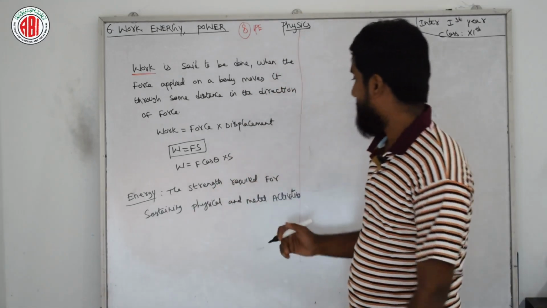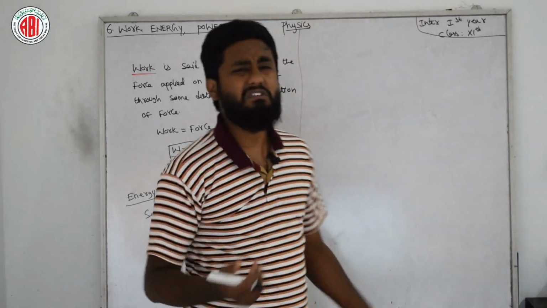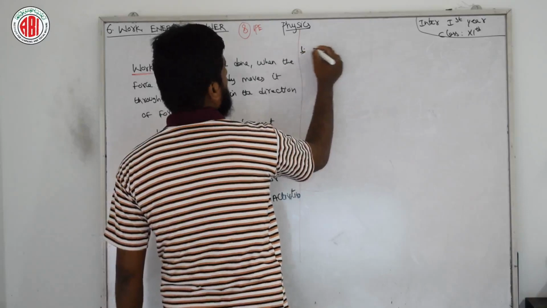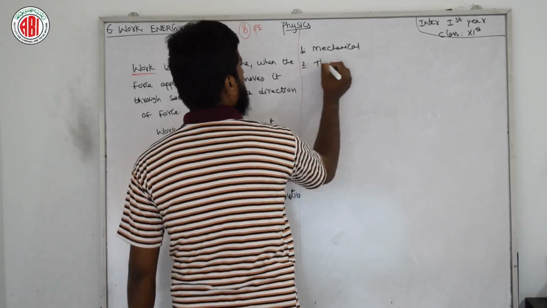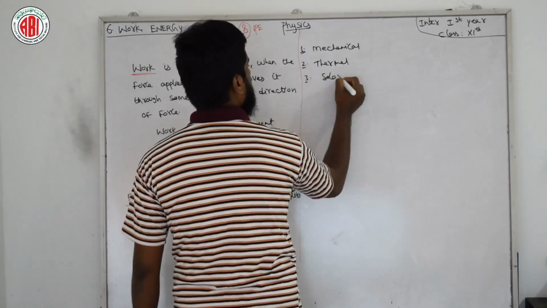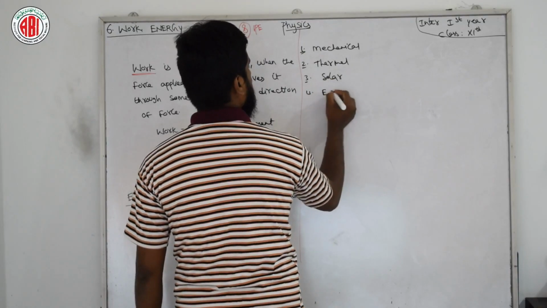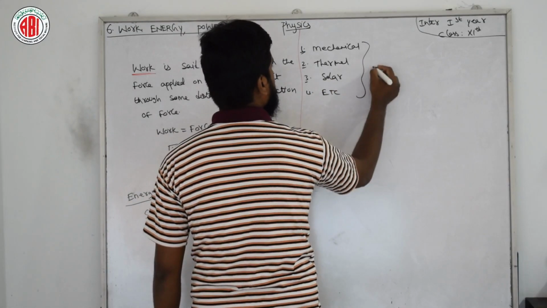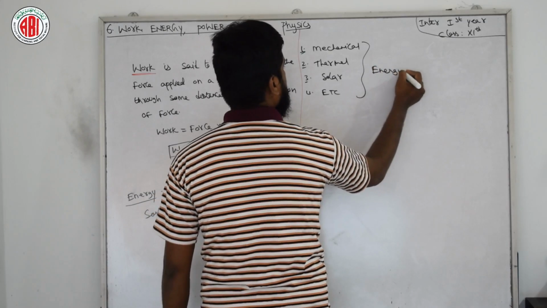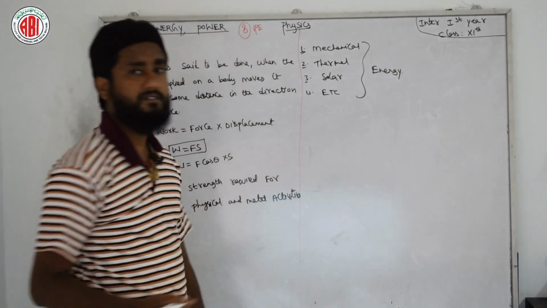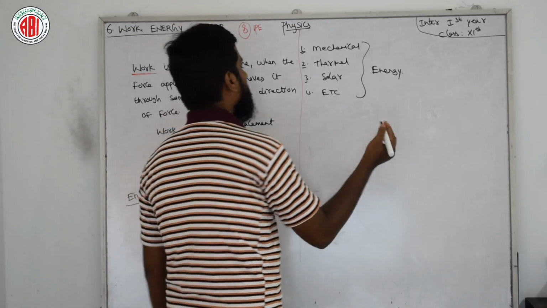So this is energy, and we know we have a lot of types of energy, like mechanical energy, thermal energy, solar energy, and so on, including the thinking capacity. All are forms of energy. Now in this chapter we need to know a few things about two types of energy.